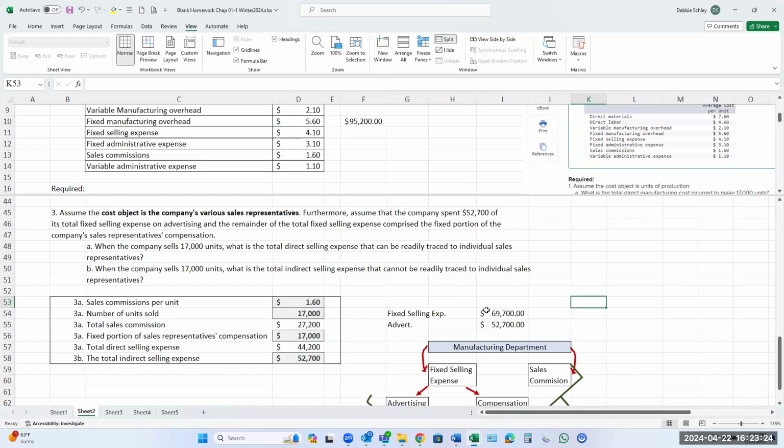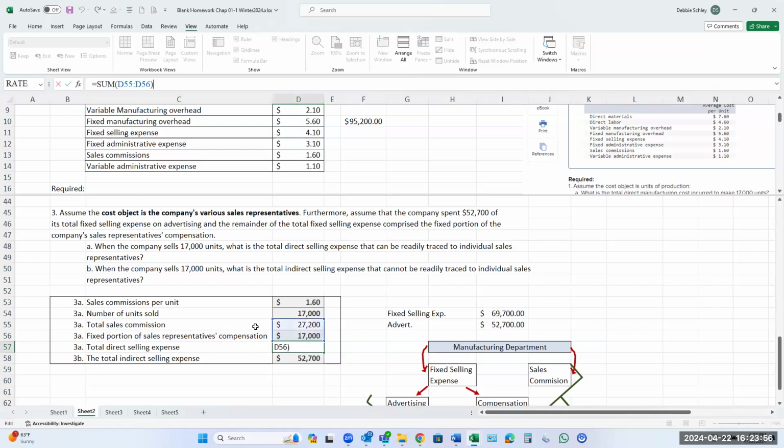So this fixed selling expense is the advertising plus the compensation. If I know the advertising and I figured out the total fixed by multiplying, then I just need to subtract advertising from the total, and what's left over, they tell me, is the fixed portion of the sales representative's compensation. So I just subtract. They figure this out for you.